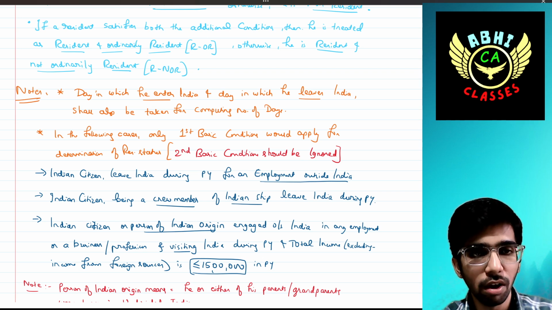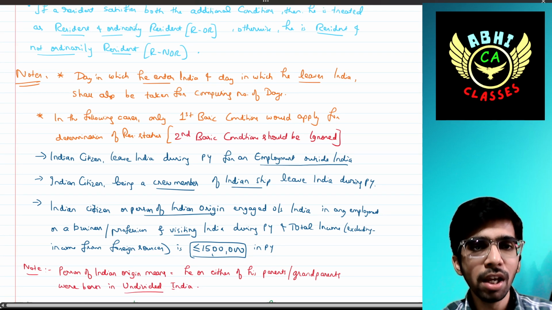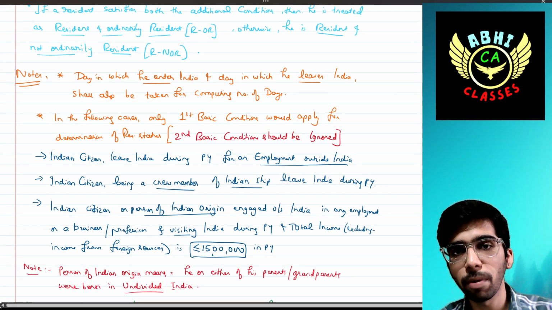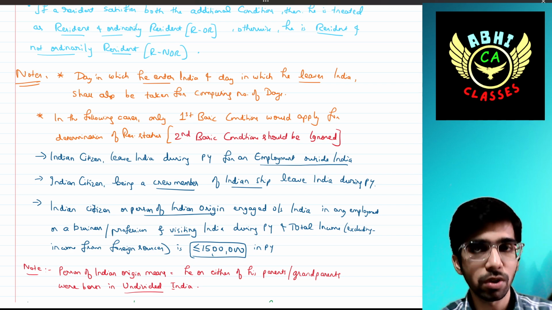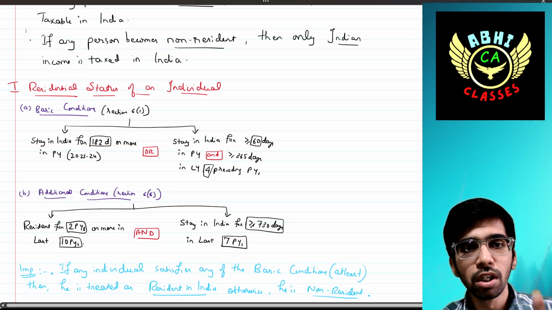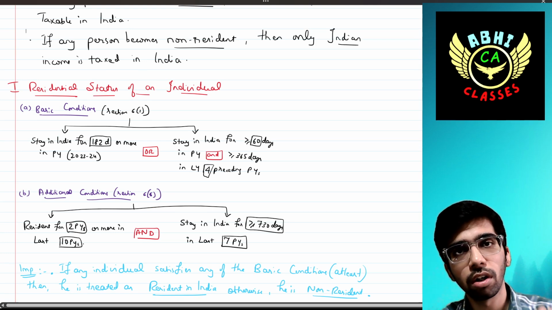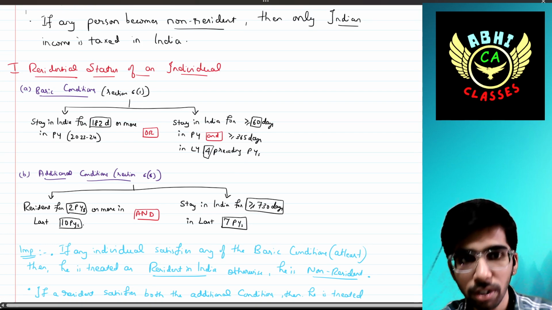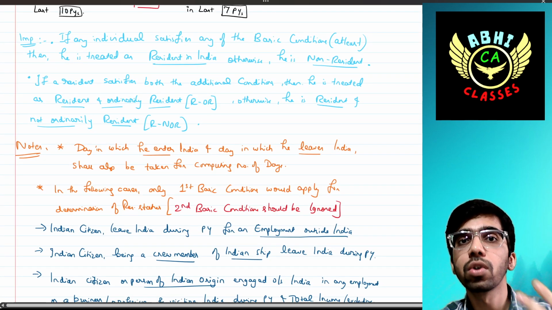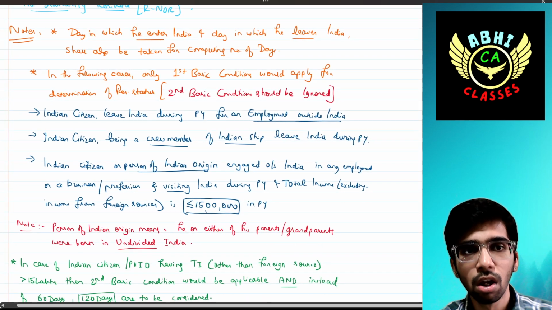Okay. Next, very important. In the following cases, only the first basic condition would be applicable for the determination of residential status. What is the first basic condition? 182 days or more in the previous year 23-24. The second basic condition should not be seen. Which are those 3 circumstances?